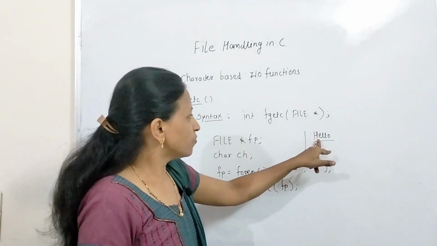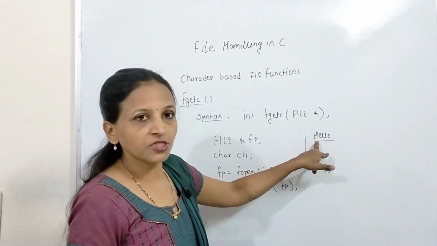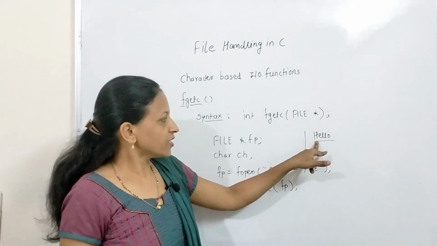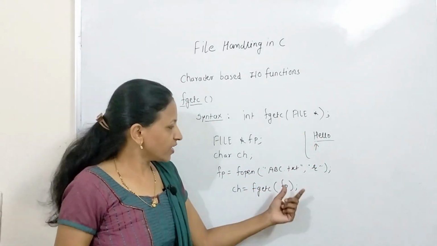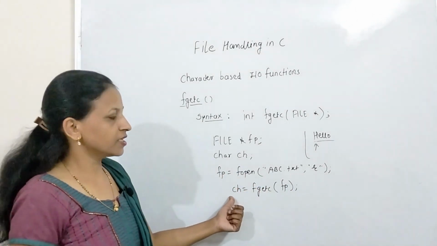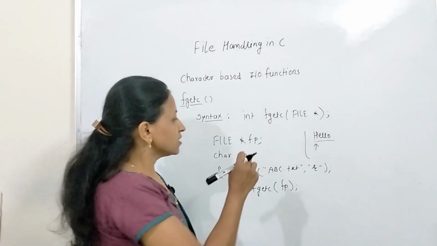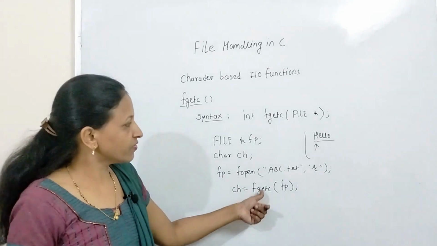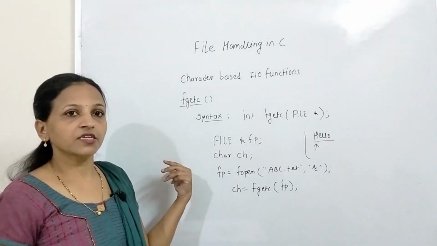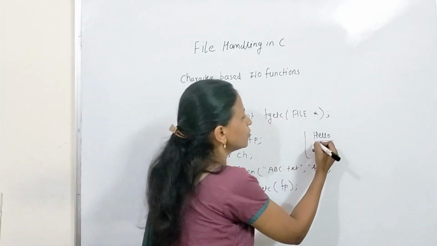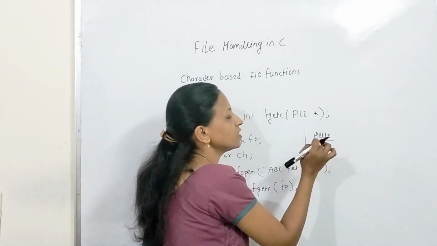Getting? Now from this initial position the character will be read, and that will get stored inside this ch, and this fgetc function what it will do, it will read that character, will return that character, and will move the get pointer to the next position.